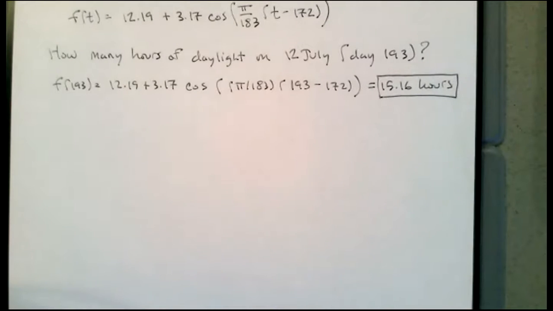So we could ask the question in the other direction. On what day will there be, and then fill in the blank, the number of hours of daylight? Let's say on what day will there be, this is all in Grand Rapids, 12 hours of daylight or 13 hours of daylight?